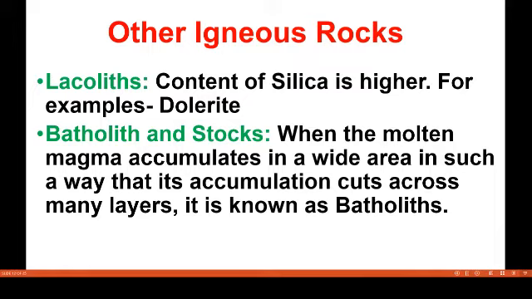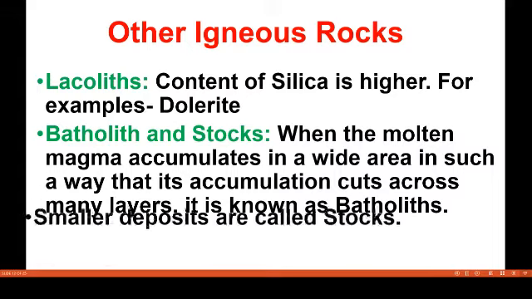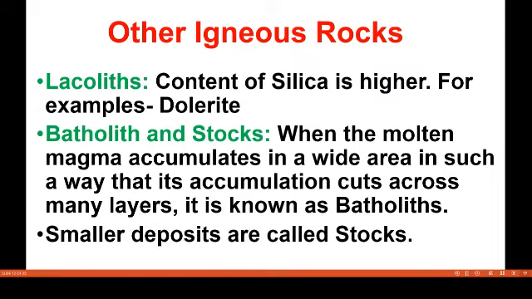When the molten magma accumulates in a wide area in such a way that its accumulation cuts across many layers, it is known as batholiths. Whereas smaller deposits are called stocks.